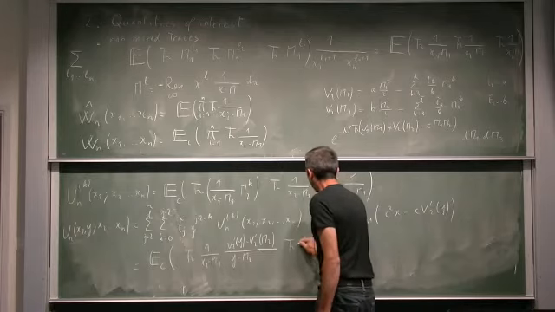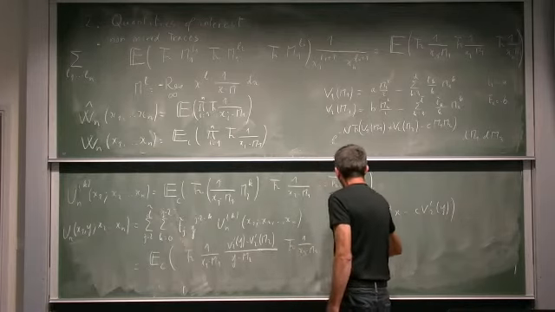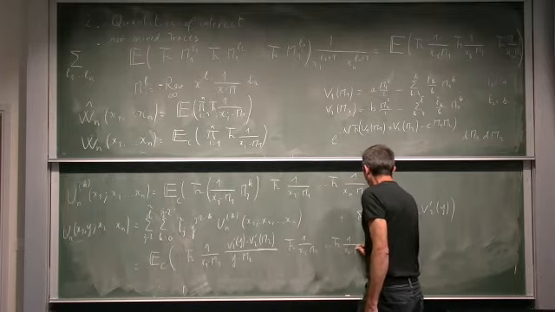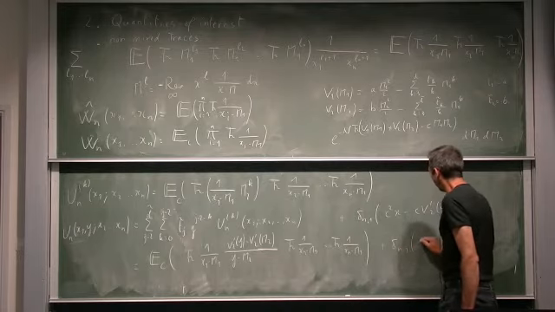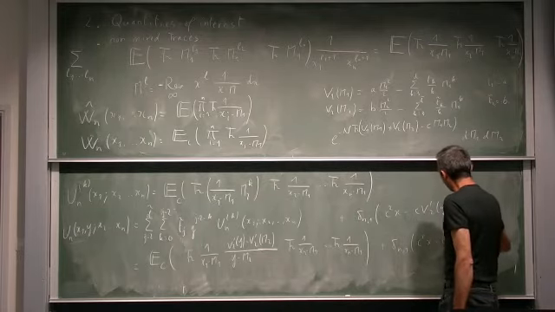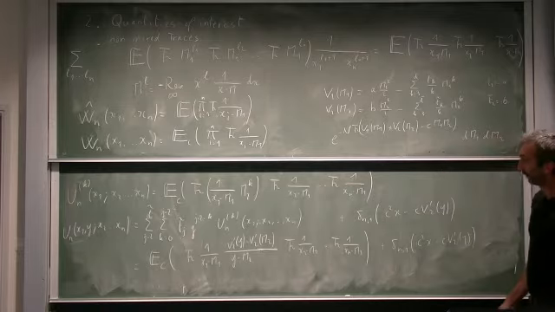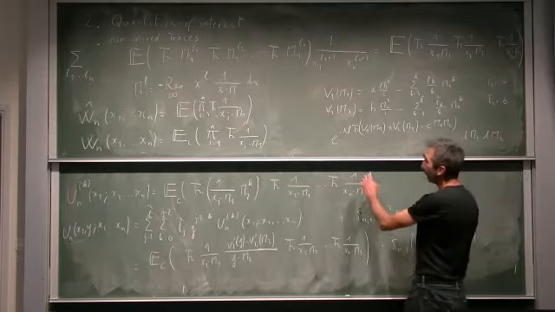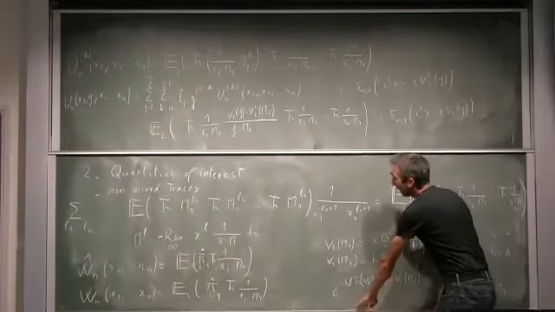Times trace of 1 over x2 minus m1, trace of 1 over xn minus m1, plus delta n1, c square x minus c v prime 2 of y. Okay. So this is the function U_n we will want to compute later.